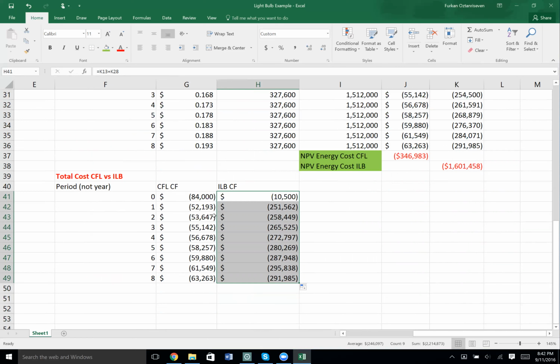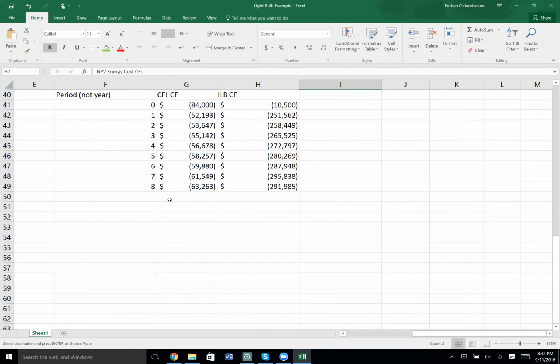Okay? So as you can see at the beginning, CFL was more expensive, but year by year afterwards, ILB is more expensive. So let's calculate now NPV values for both of these options.